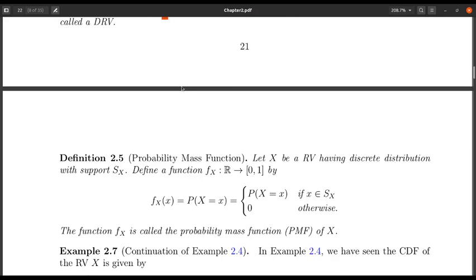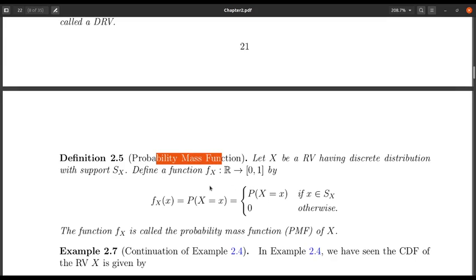In this case, we have another function, which is f(x) equals the probability that X equals x. Clearly, if x belongs to the support, then it will be the probability that X equals x. If it is outside the support, it will be 0. This particular function is called the probability mass function.